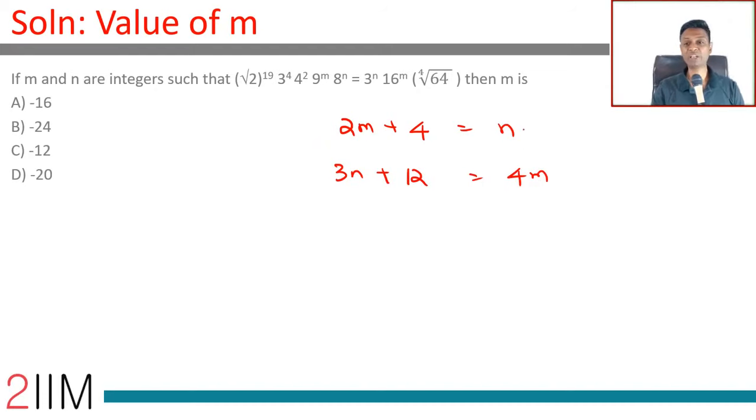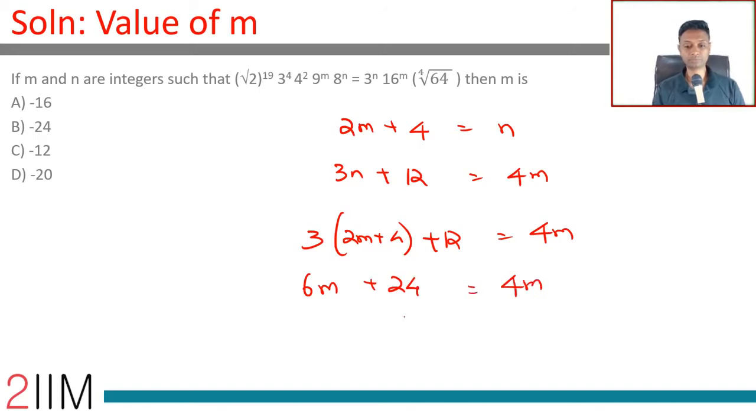We want to find m, so substitute n in terms of m. 3 times 2m plus 4, plus 12 is 4m. 6m plus 24 equals 4m. 24 equals 4m minus 6m, which is minus 2m, or m is minus 12.